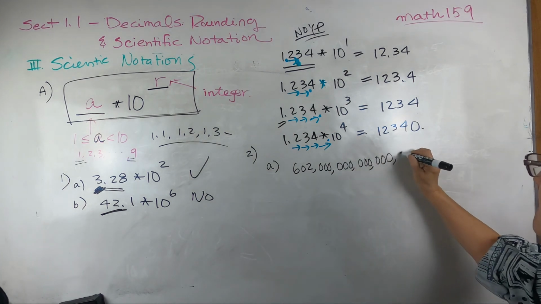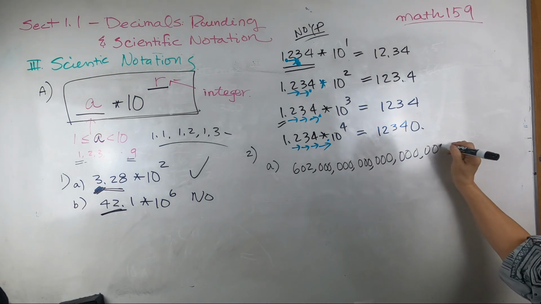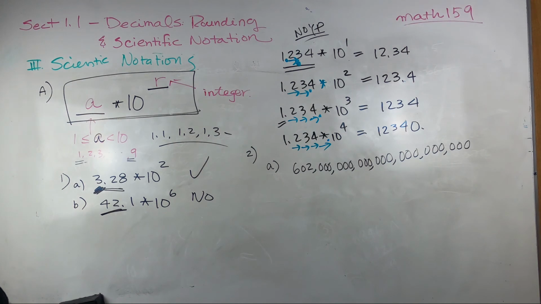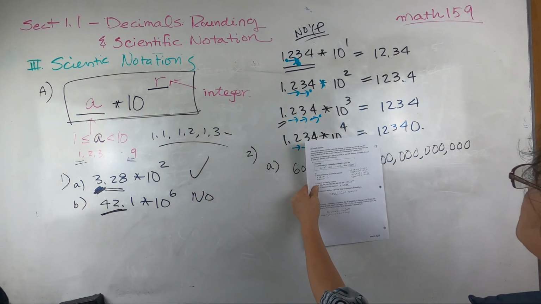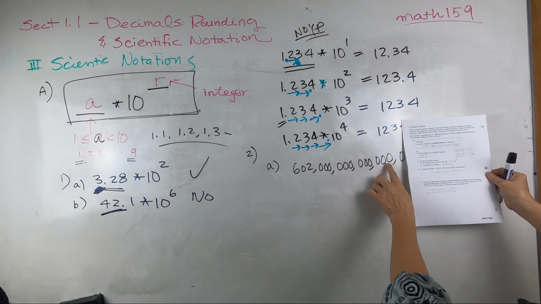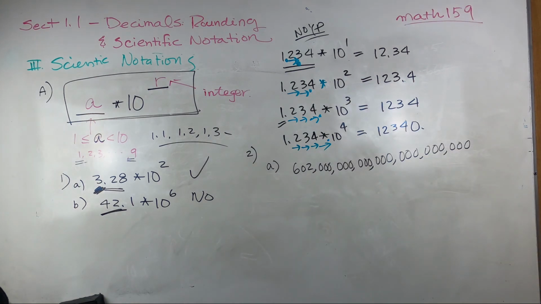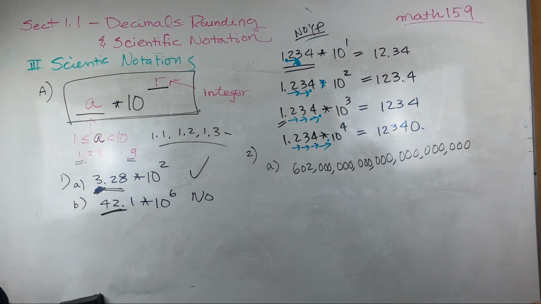Okay, if this is a big number, then the calculator only has like 9 or 10 digits. They cannot show you. If they show you 9 digits, 10 digits, they will lose all those numbers. They cannot do that. So they have to show you with scientific notation.